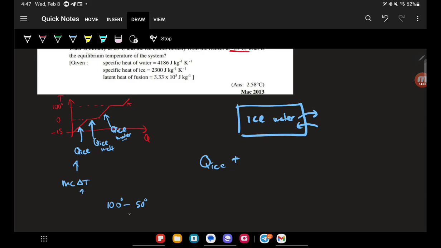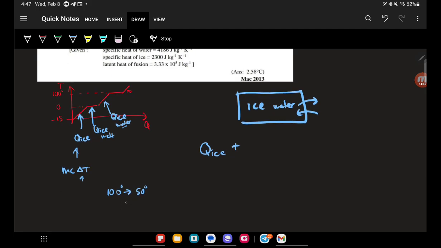This is 50 minus 100, so of course you will get a negative 50. This provides a negative notation, which means that this object, from 100 to 50, is going to dissipate its heat to other things, and it's going to lose its heat because of the negative sign.